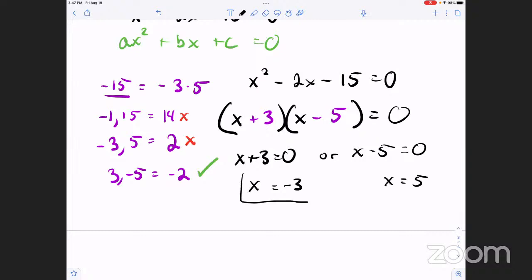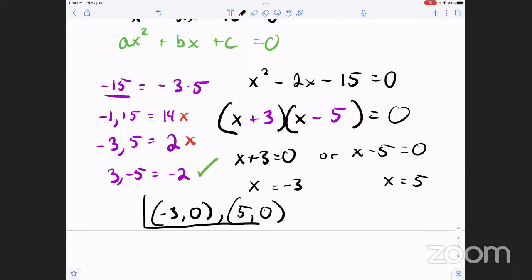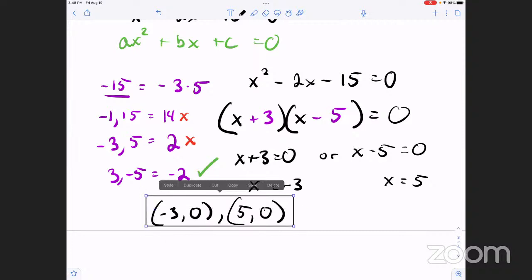So then our x-intercepts are going to be negative 3, comma. I'm going to write the ordered pair right now, but you just want to put it in whatever form Pearson is asking for. Sometimes they want it like this. Sometimes they just want the negative 3 and the 5. But these are the two points where that graph will cross the x-axis.